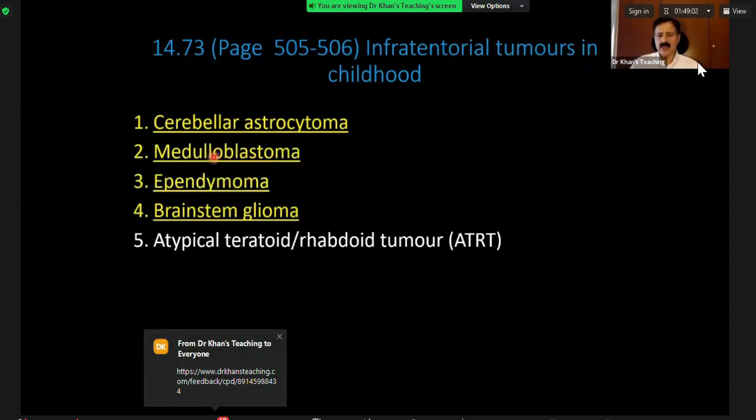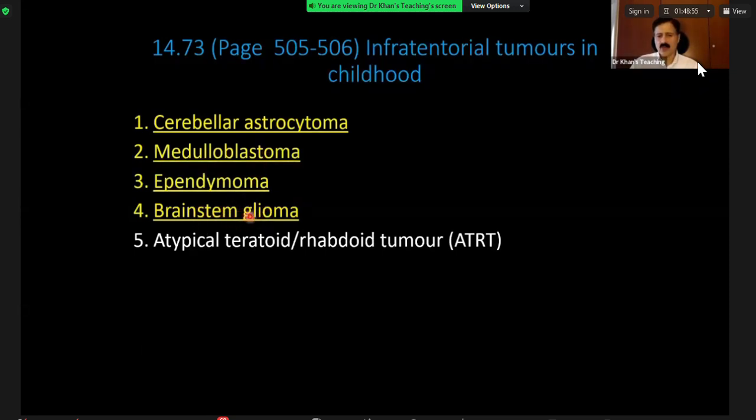So a tumor like a medulloblastoma can go into the brainstem, but brainstem gliomas have got various types, something which is arising from the medulla, something which is just arising from the pons or the midbrain. There is a variety which is diffuse involvement, and that comes in the exam.